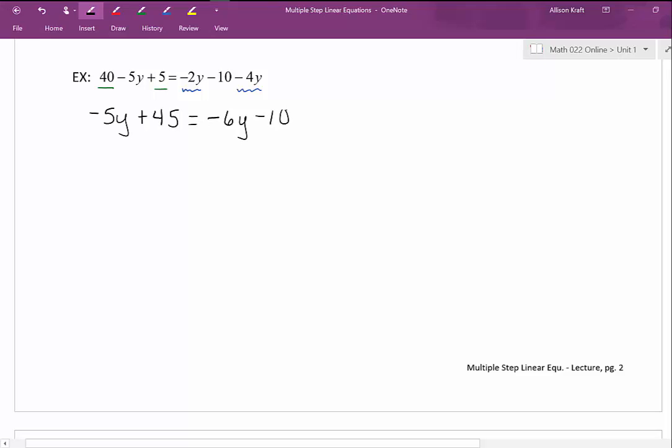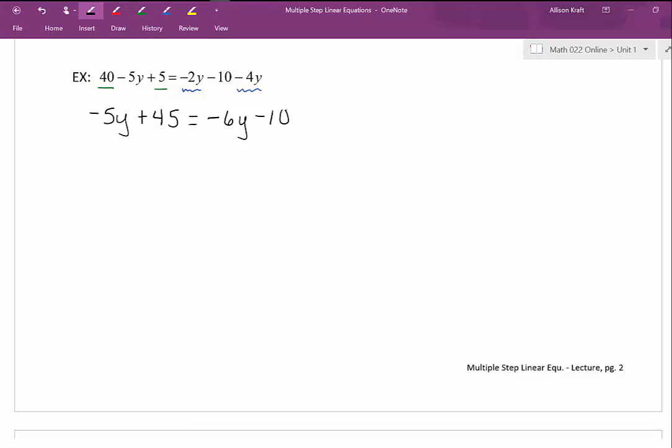Next, we want to collect all of our variable terms on one side of the equation and all of our constant terms on the opposite side of the equation. For the first time, we notice that we have both variable terms and constant terms on both sides of the equation. Well, this means that we have options.